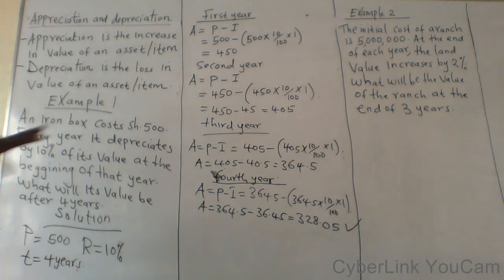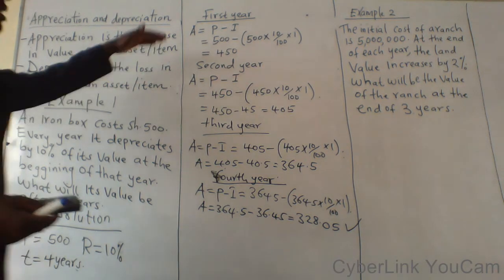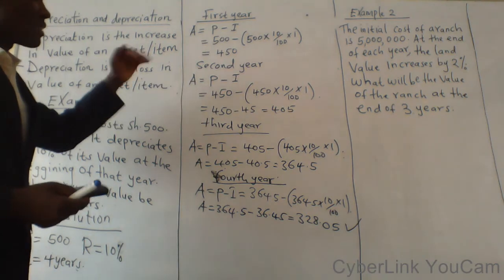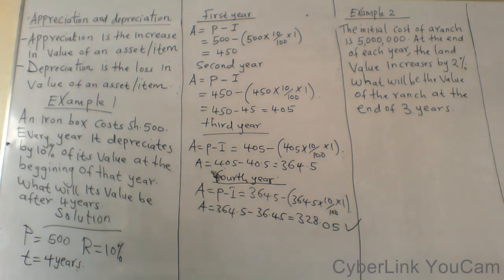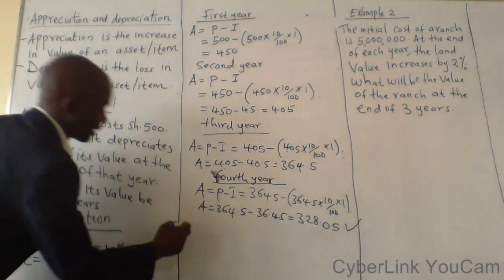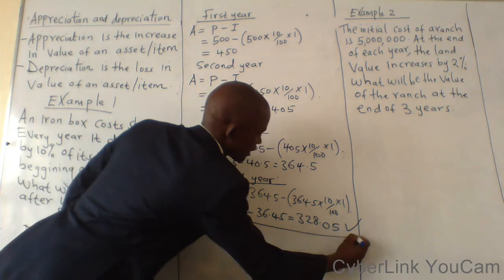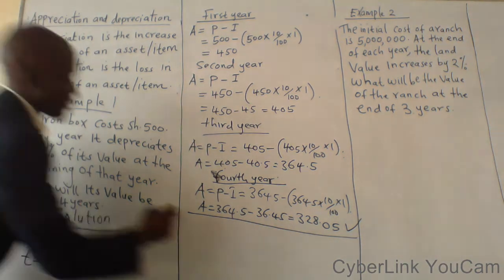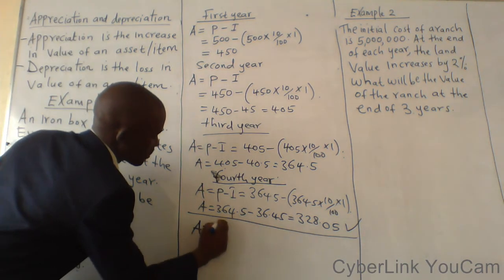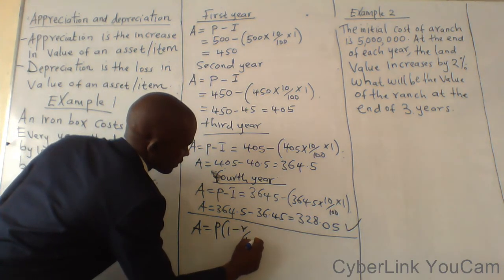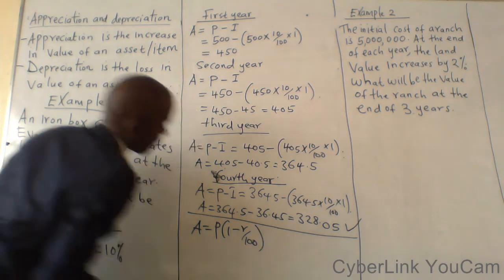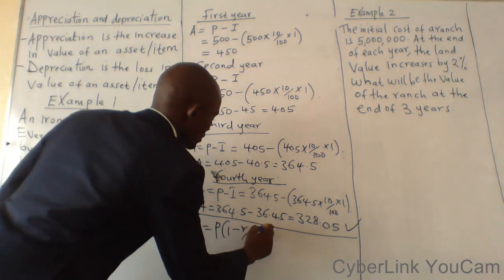Remember, we can use the formula. This is just a successive method of doing it. You can decide to use the formula. And if you decide to use the formula, remember, we know amount is equal to principal into 1 minus r over 100 raised to n.